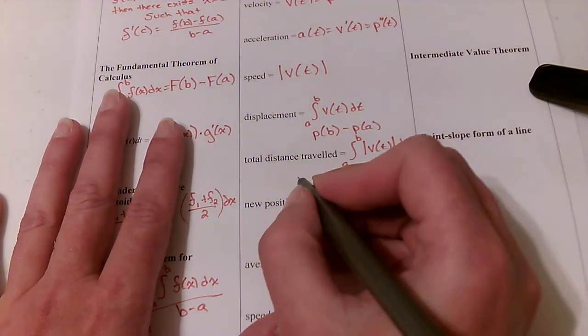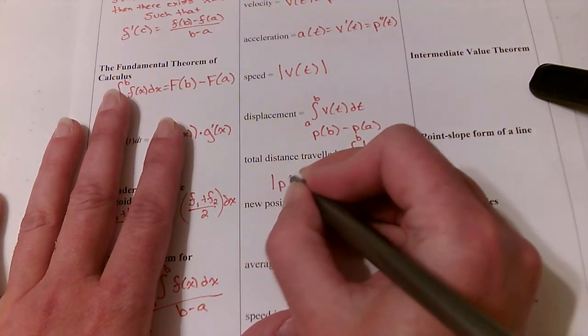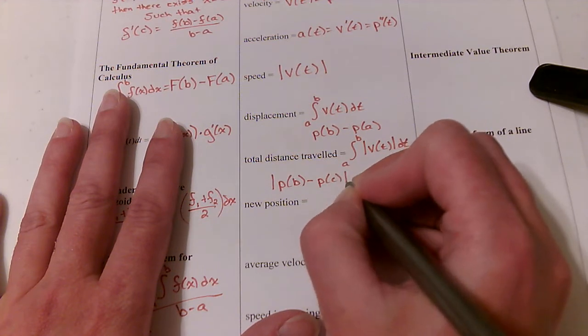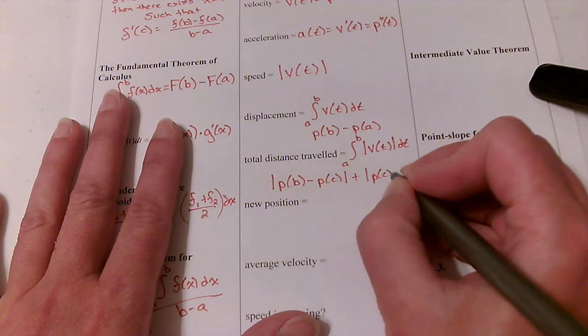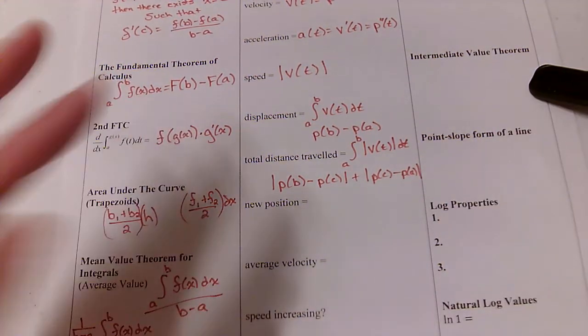Which means if there's a change in direction, you might have the position at B minus some position where it changes direction, plus the absolute value of where it changed directions minus the beginning. So you may have to break it apart into little bitty pieces.